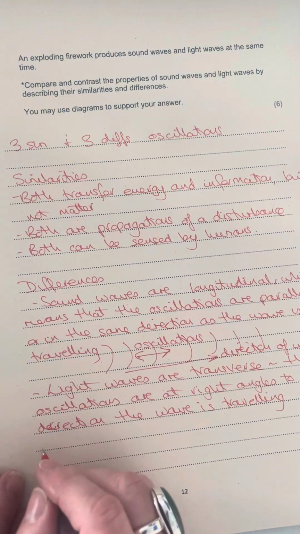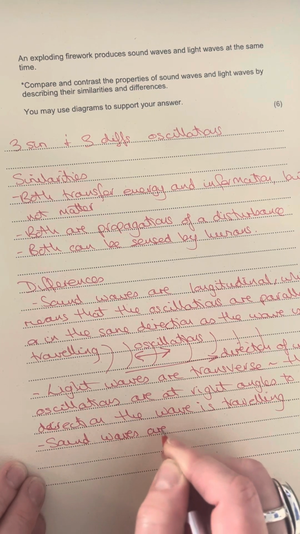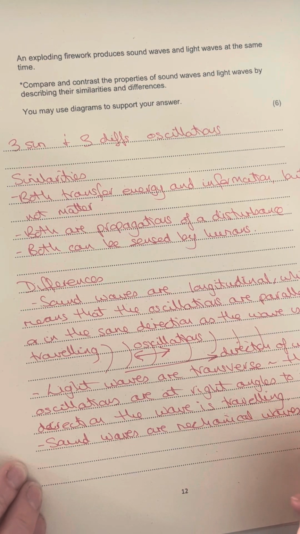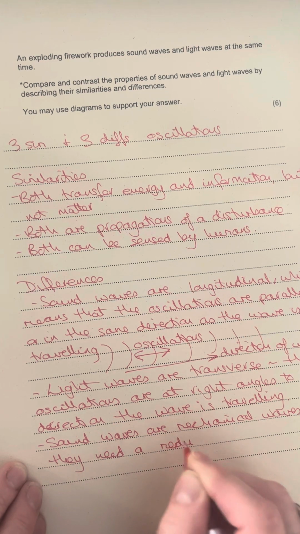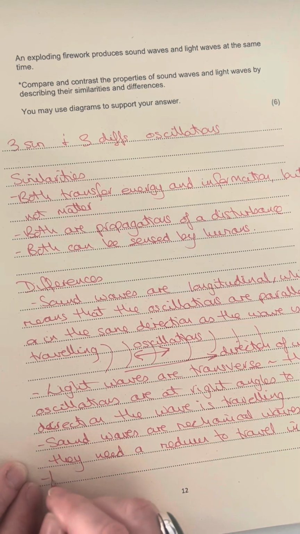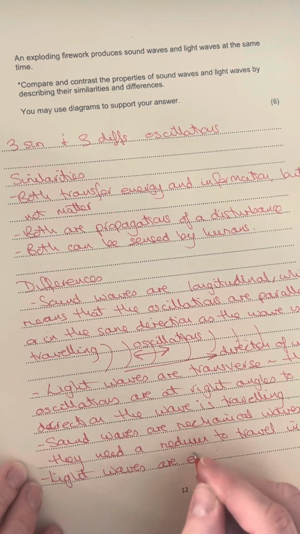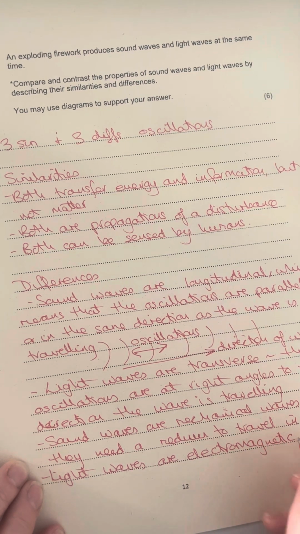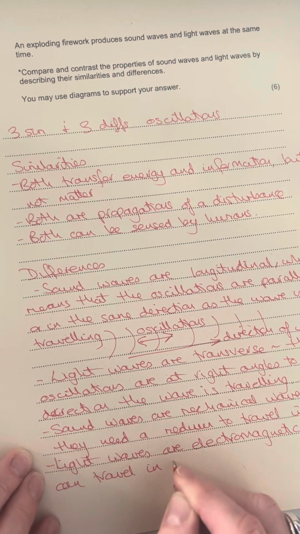What else could we say? We could say that sound waves are mechanical waves, so they need a medium to travel in. Light waves are electromagnetic and can travel in a vacuum.